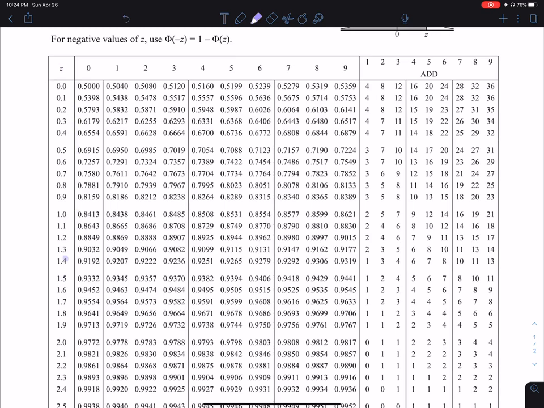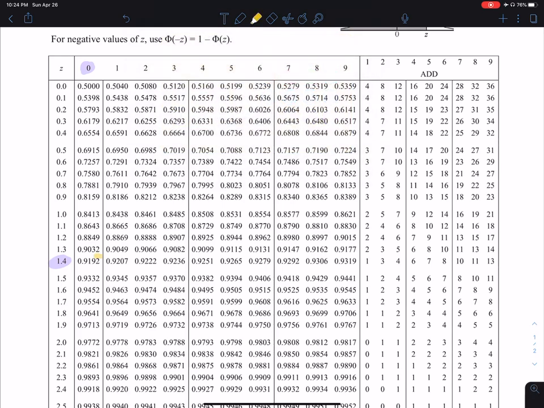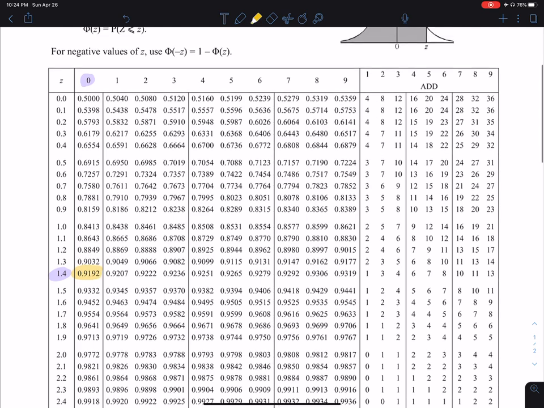And I see it right here. And there's no other decimals past 1.4 in our z-score, so it's 1.40. So this right here is the probability that we are calculating.